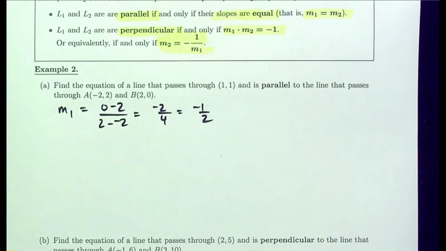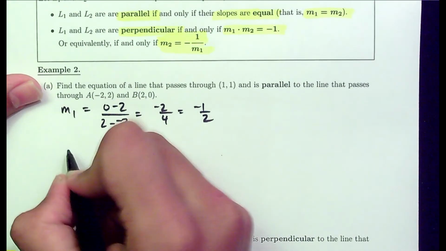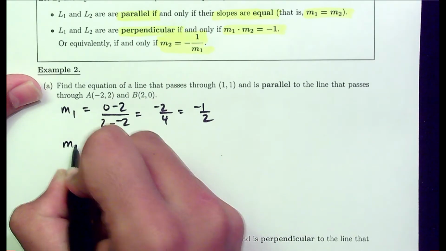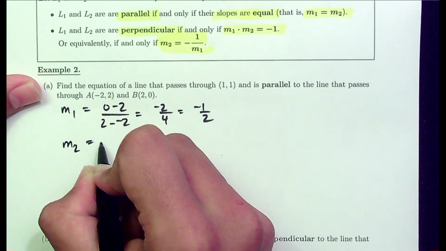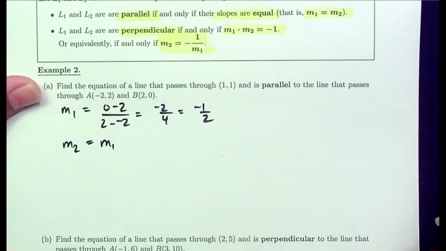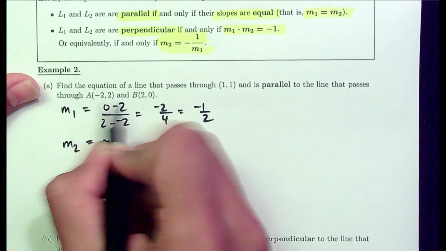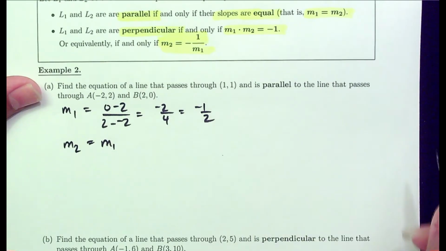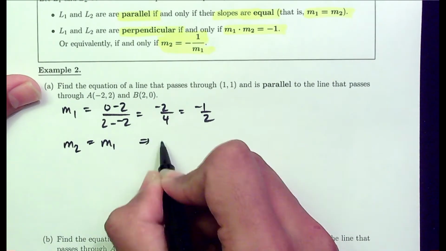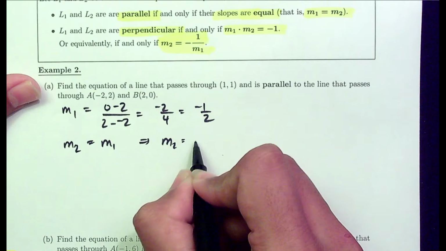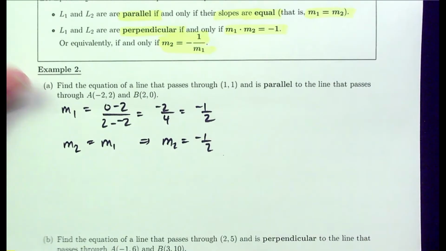Now, because the lines are parallel, the slope of the line that we're interested in is going to be exactly the same as m1. So that means m2 is also negative a half.